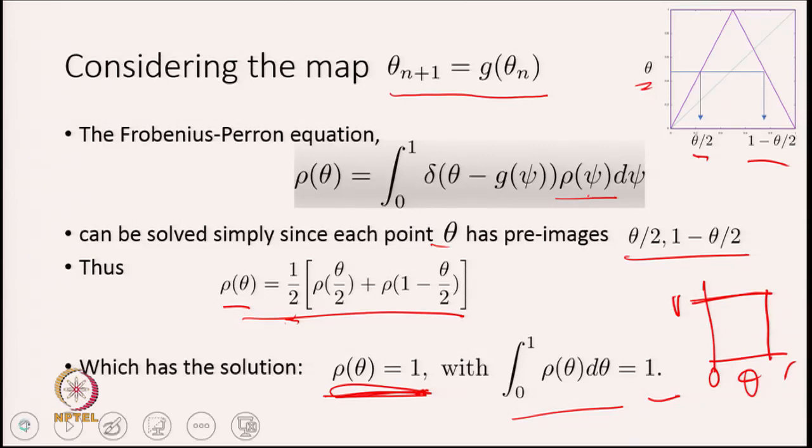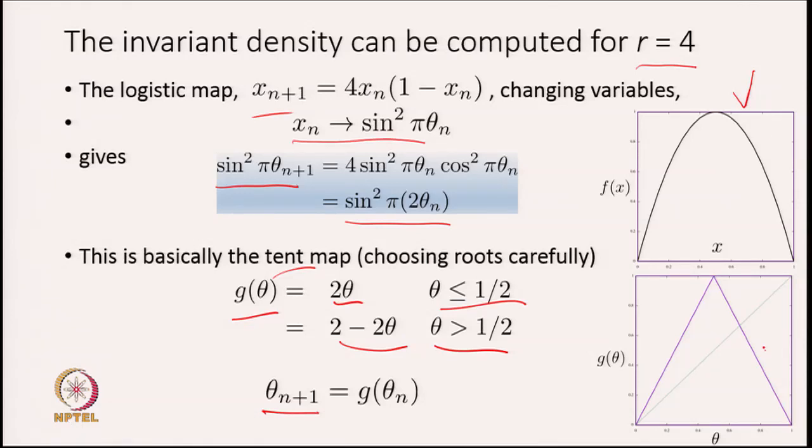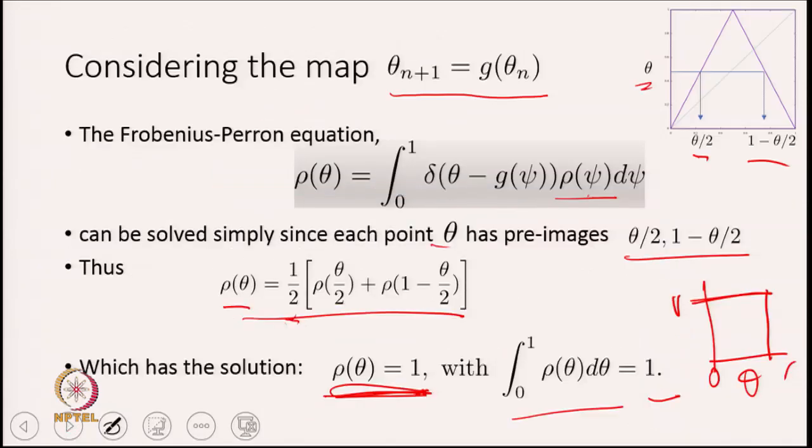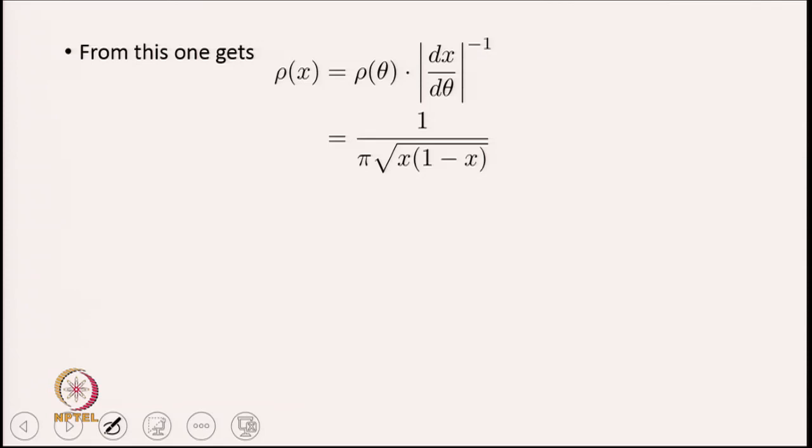Now, these two maps, the tent map and the logistic map, are conjugate to one another, and therefore, because we know what the transformation variable is, x is just sine squared theta.